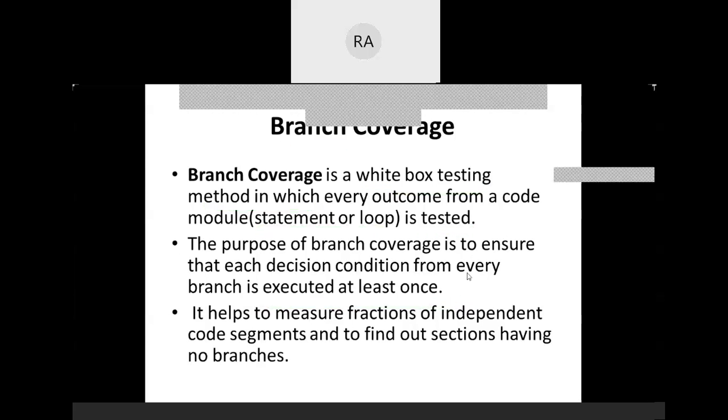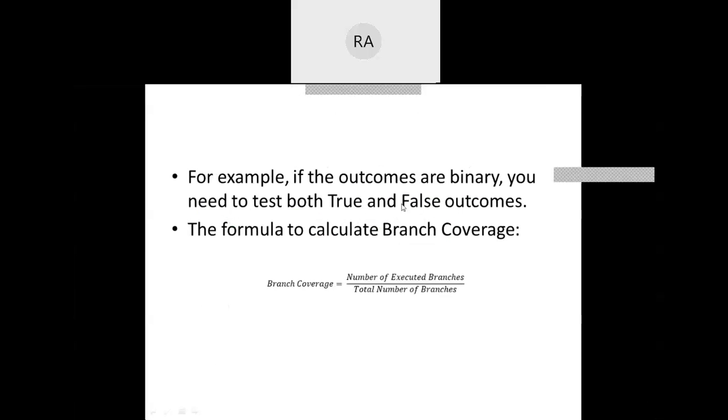Let us study the formula associated with branch coverage. The outcomes are binary, as you already know: either true or false. With branch coverage, you are supposed to test both the true and false outcomes. This was not the scenario in the previous coverage.